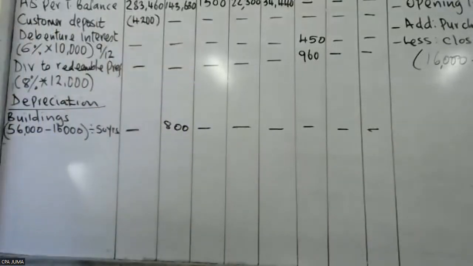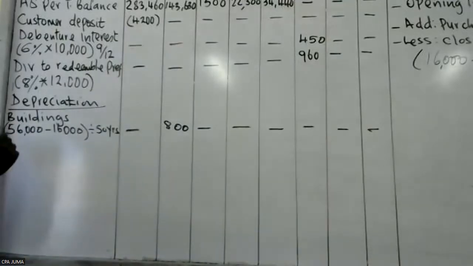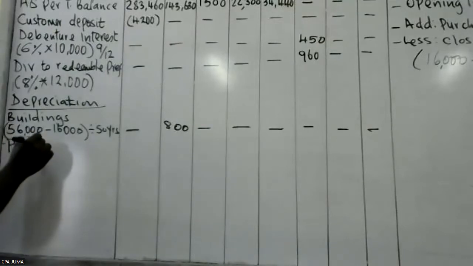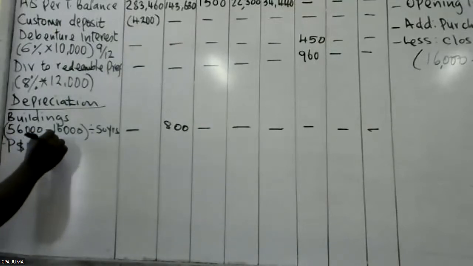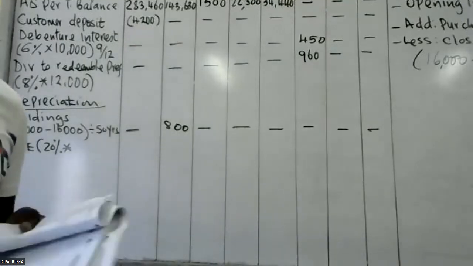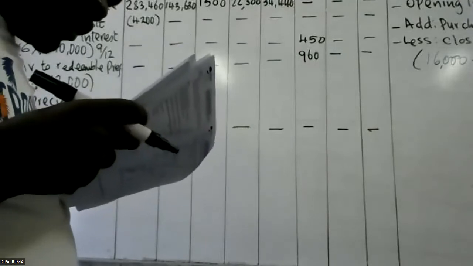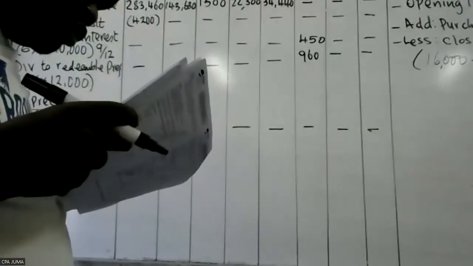Next, depreciation is on what? Plant and equipment. So P and E. 20% on straight line. Straight line, just go and check the cost of that plant and equipment. Where are you?